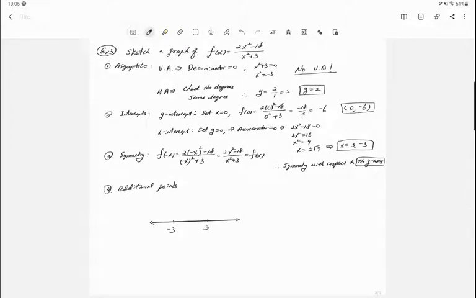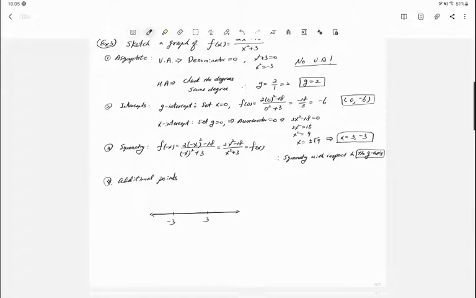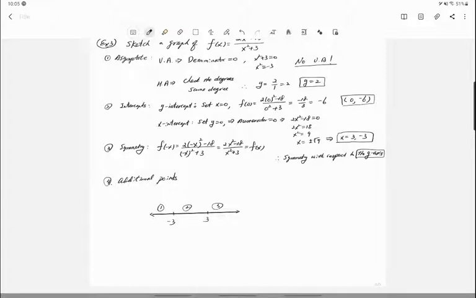All right, so let's find out the sign of the function. There are 3 intervals. For interval 1, we're going to set x equal to what?